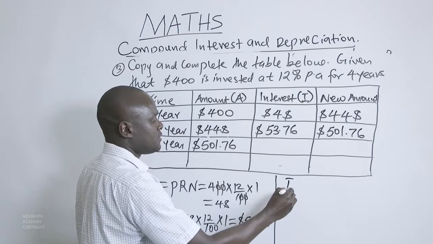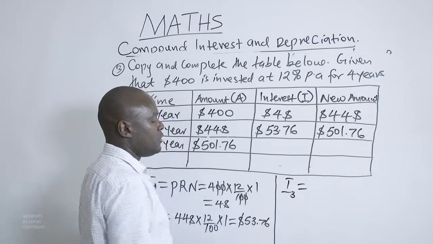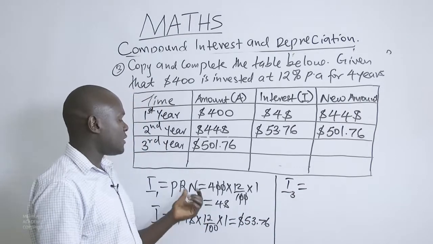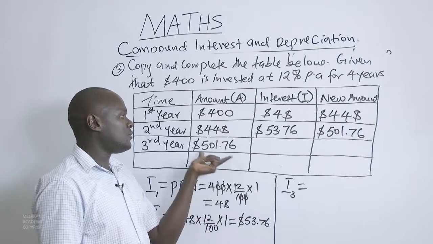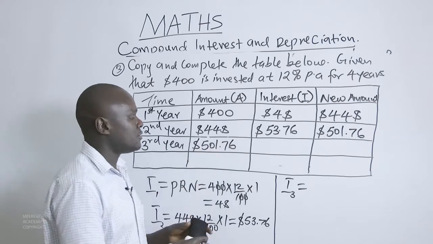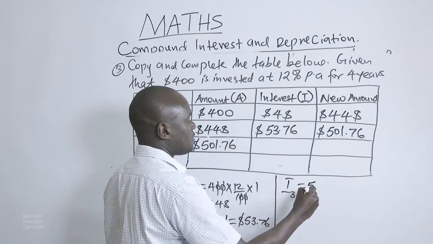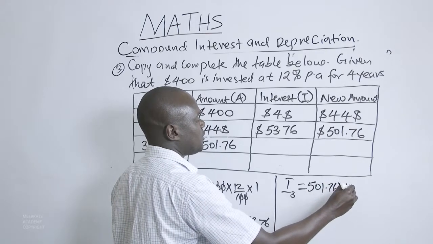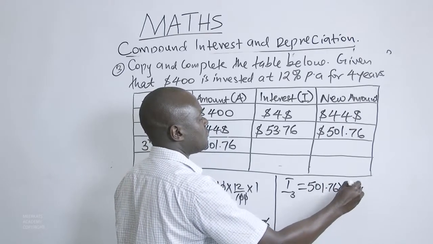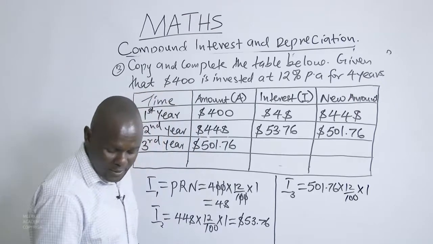And this interest will be equal to the product of the principal, the rate, and the period. But our principal will be this new amount. Our principal is 501.76 multiplied by 12 out of 100 multiplied by 1. How much will that be?